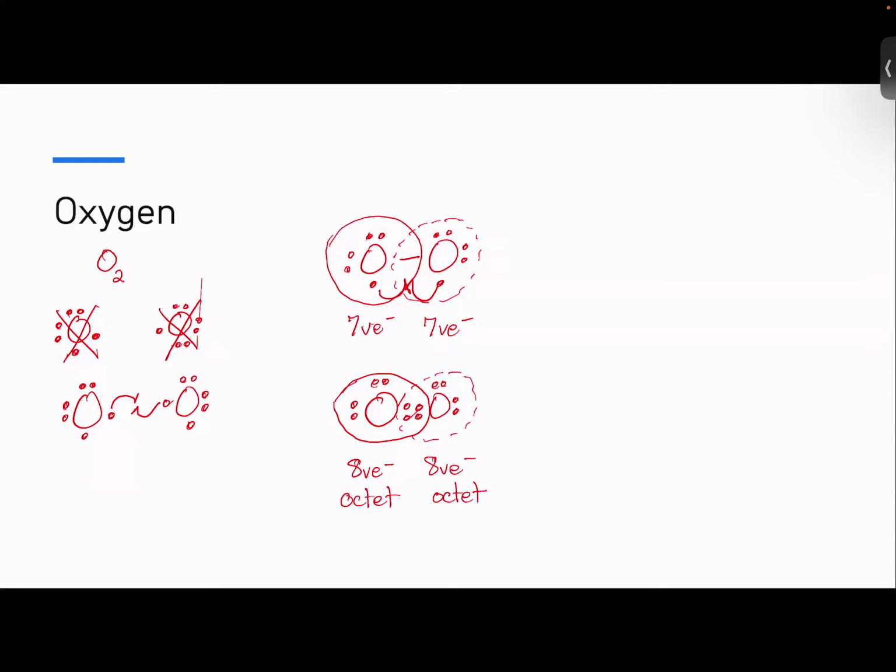Keeping in mind that a pair of electrons is represented with a line, we typically will see oxygen written with both pairs of electrons represented as a line, and that is going to be referred to as a double bond. So this is the Lewis structure for an oxygen molecule.